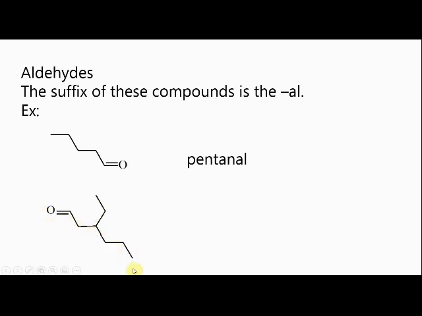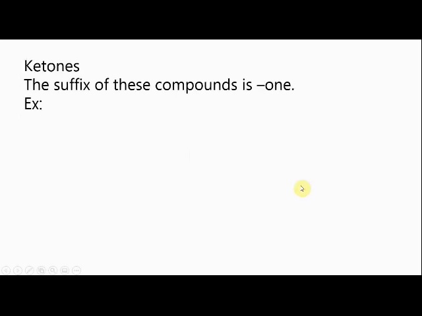There are 6 in the carbon chain, and this is an ethyl group, so 3-ethylhexanal. We don't have to worry about numbering the al because, by definition, an aldehyde always has this carbonyl group on the end carbon. When we get to ketones, that carbonyl group moves into the middle of the chain somewhere.